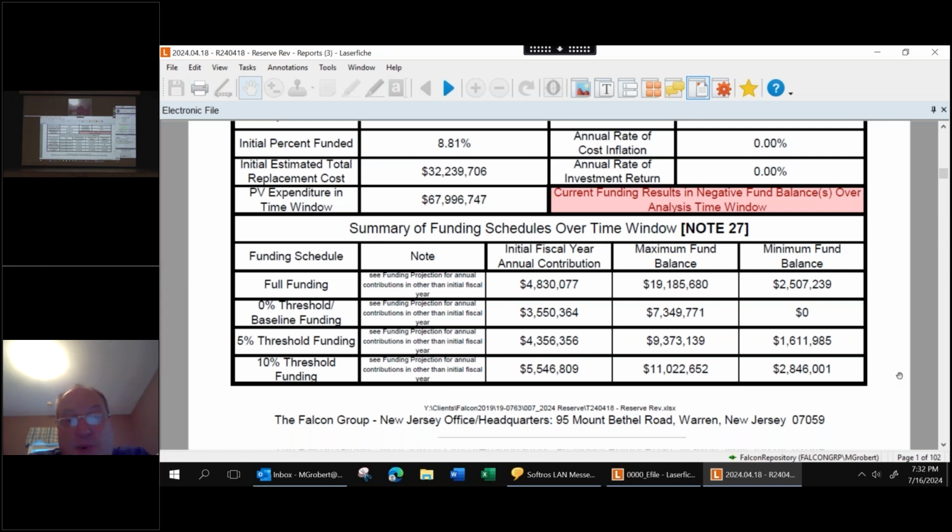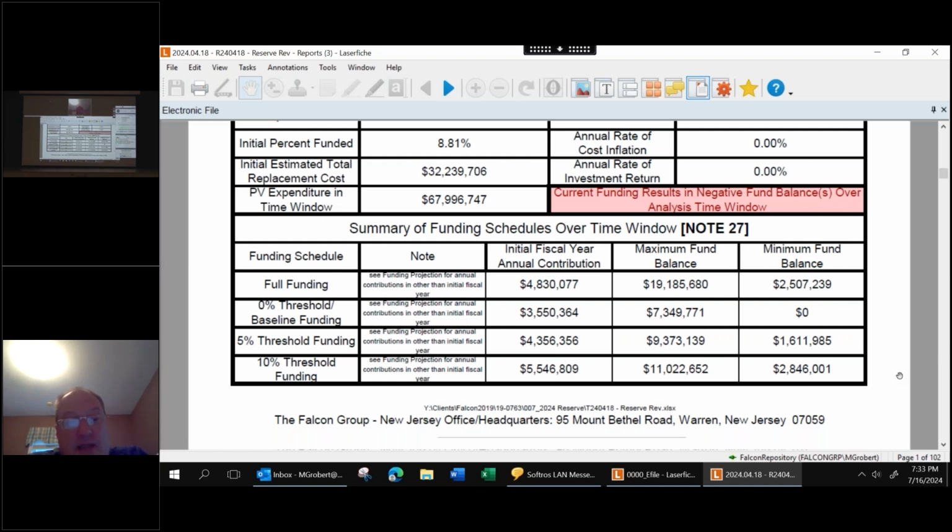And by the way, that's pooling your funds. Unlike the full funding where it's dollar for dollar for each item, with the threshold funding levels your funds are pooled, which is a much more realistic way of funding a reserve. Most people in your household don't have a separate account for each one of your expenses. That'd be kind of crazy. So that's with the 0%.